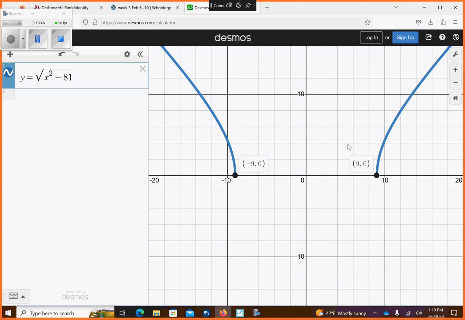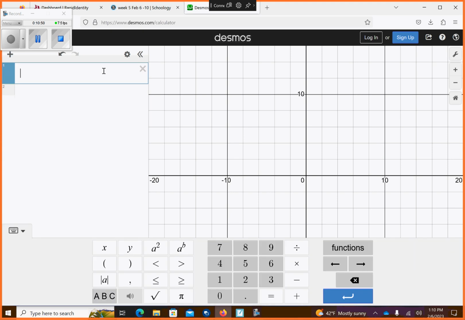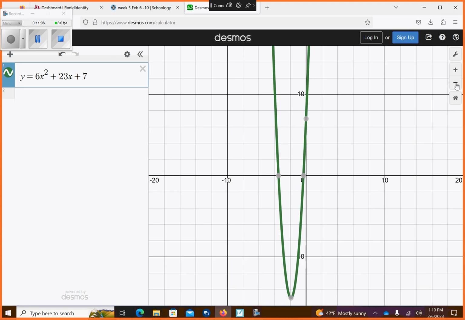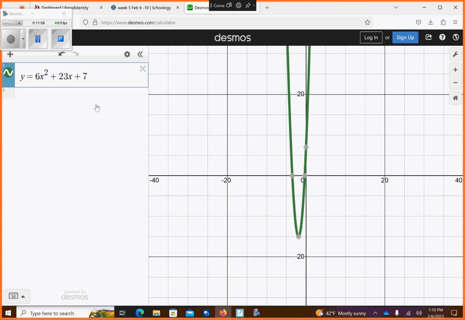All right, I'm going to try number 6 on Desmos and see if it might take us into some obscure place. So I'm going to plot the equation y equals 6x squared plus 23x plus 7. So it gives us this parabola. I then want to replace x with negative 2.